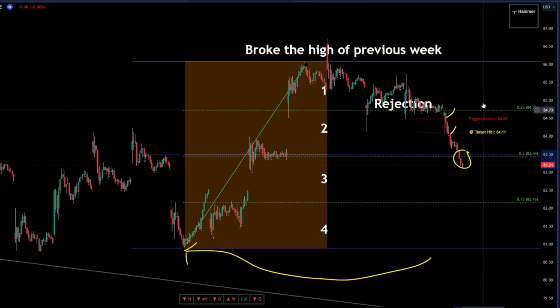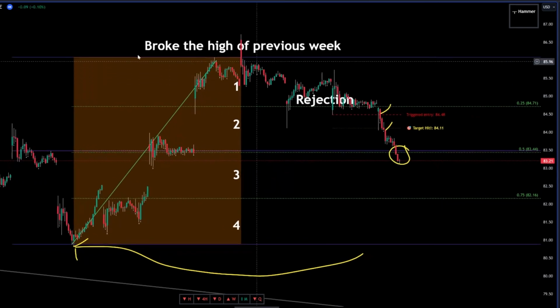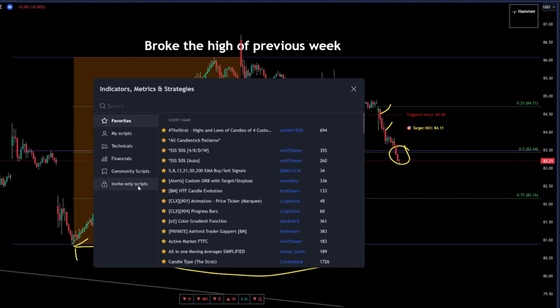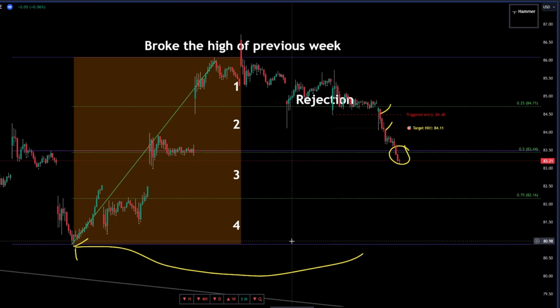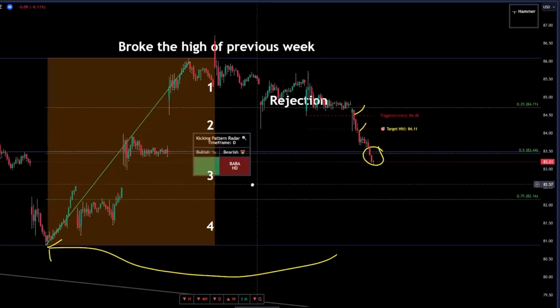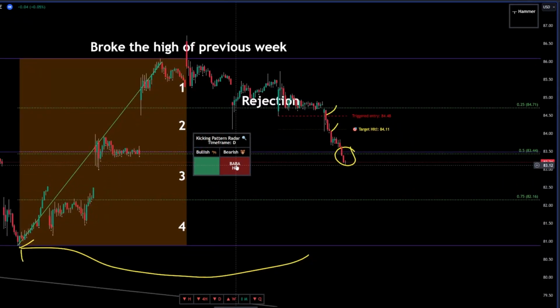And we can make that assumption easily. And you know what is helping us with making that assumption? That kicking pattern radar. That is telling us that BABA is massively momentum bearish. Okay?